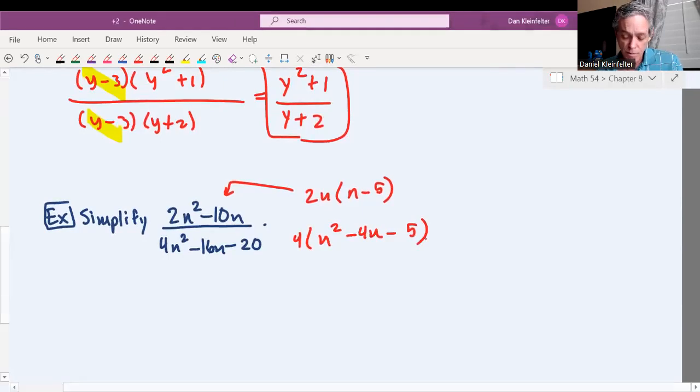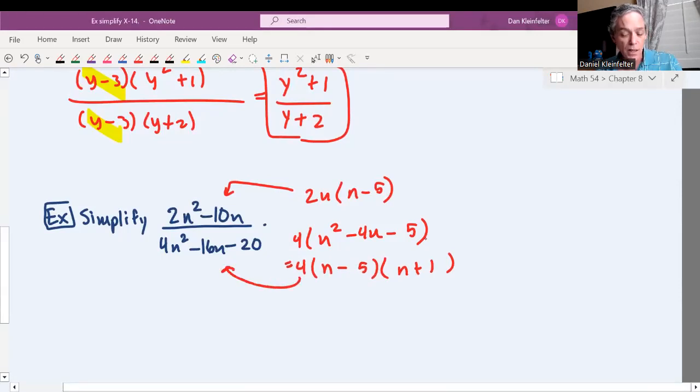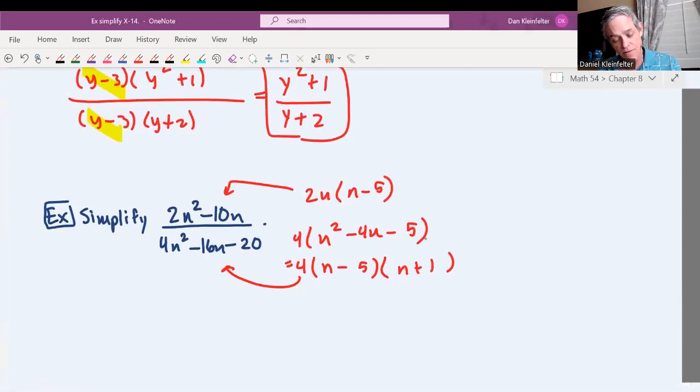And so the degree 2 polynomial there, not a perfect square. We need 2 numbers that multiply to -5 and add to -4. So n minus 5, n plus 1 looks like it'll do. Let me double check by multiplying. We'll have n squared plus 1n minus 5n minus 5. So that looks good.